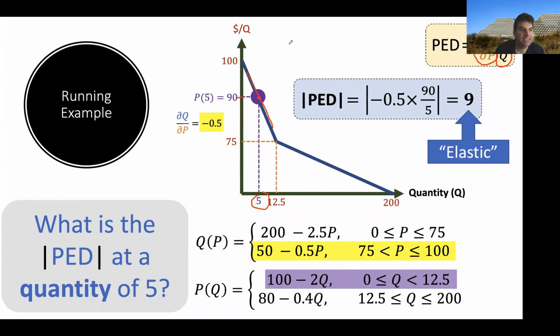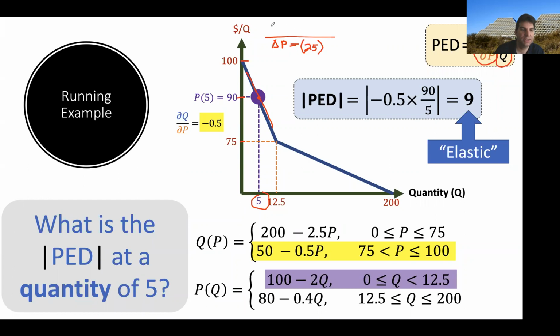Well, if I look at it, I can say, well, I'm going to pick a convenient delta P, and that is the jump from 100 to 75. Because I can tell that when I jump down from 100 to 75, I jump up from 0 to 12.5. So my delta P is going to be 25 because I jumped from 100 to 75.